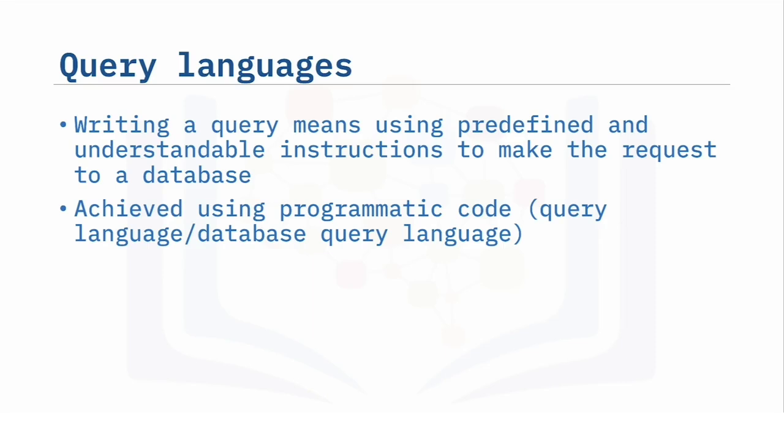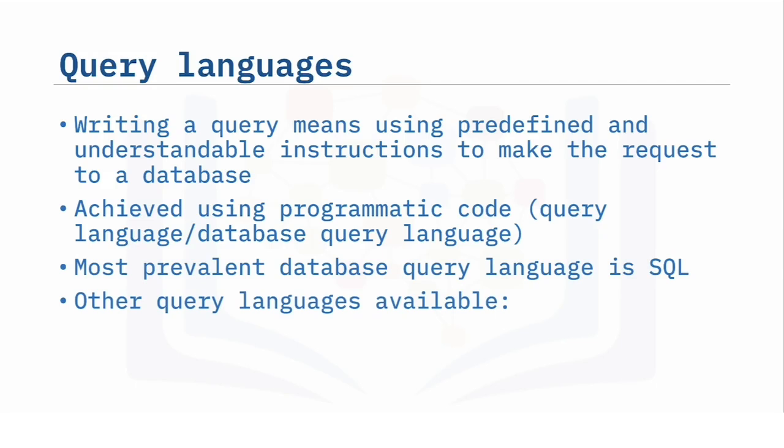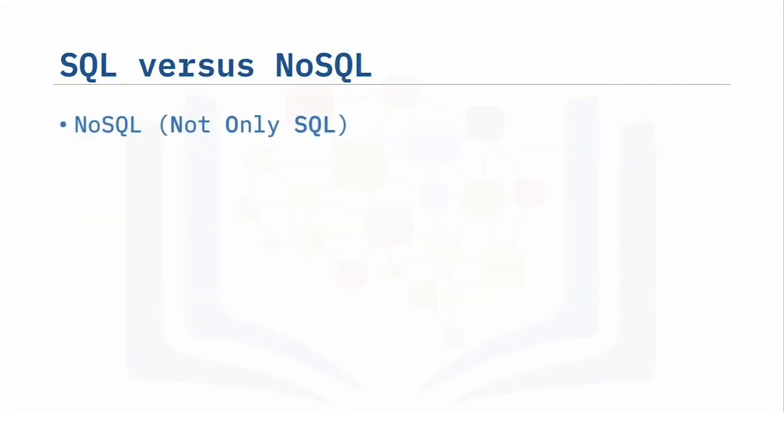A query language may also be referred to as a database query language. By far the most prevalent query language for database queries and database management is SQL. However, there are other query languages available, such as AQL, CQL, Datalog, and DMX. In addition to SQL databases, there is another type of database called NoSQL, which stands for Not Only SQL.